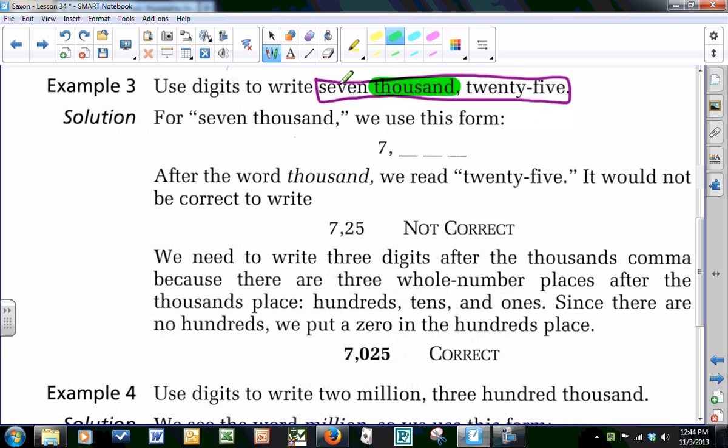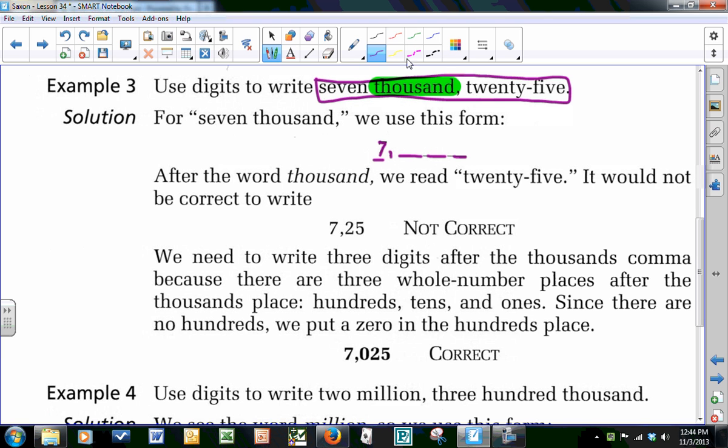Okay. So, what is the thousands? The thousands is the fourth number to the right. So we're going to draw 1, 2, 3, 4 lines, right? And after the first one, we're going to put a zoop. So then we'll have 3 after it. So we write a 7 in the thousands place.